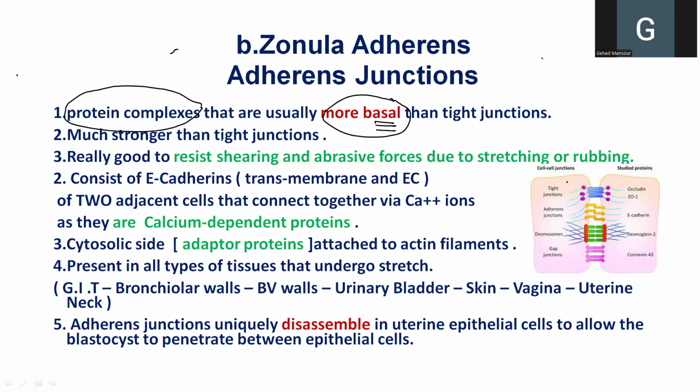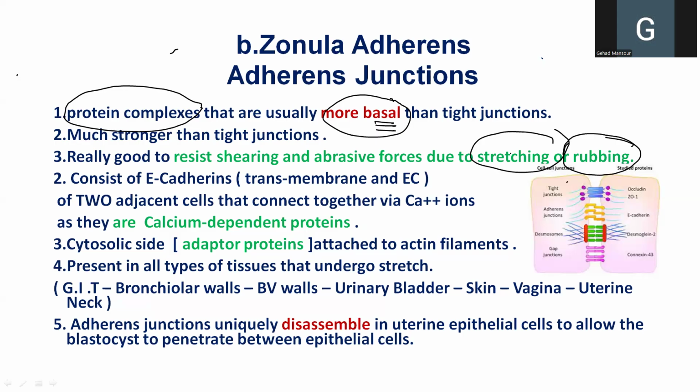And although the basic structure of the adherens junctions and the tight junctions are the same, yet these ones are stronger than the tight junctions, meaning that they are tighter than the tight junctions. And they are essentially specialized in antagonizing the shearing effects of stretching, for example, or rubbing.